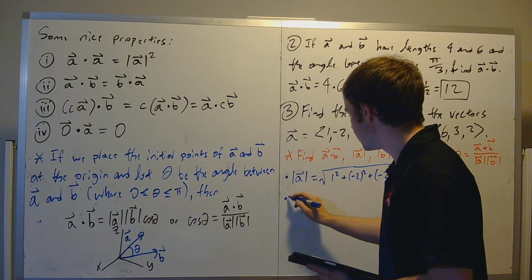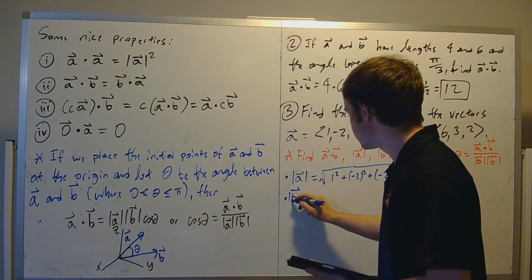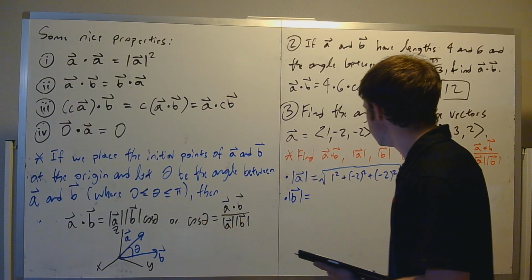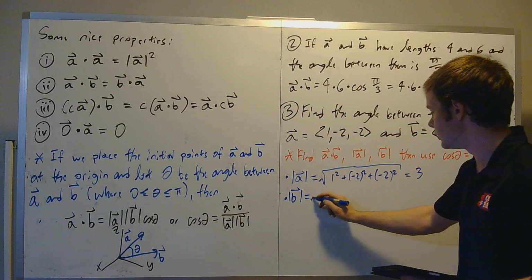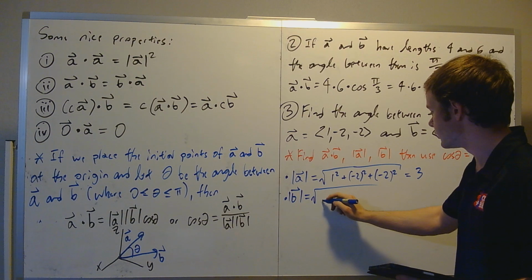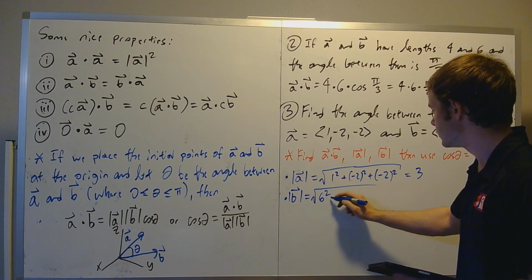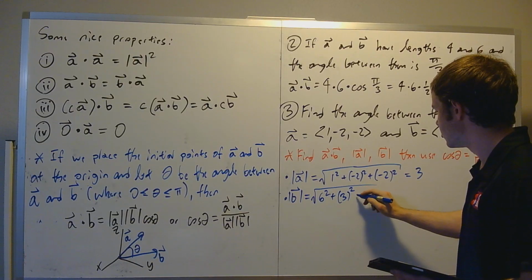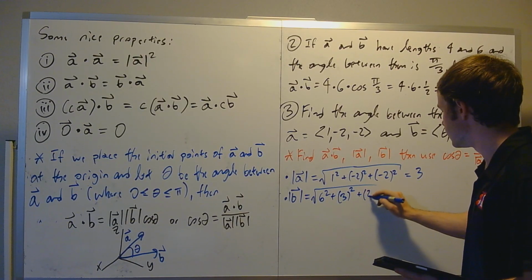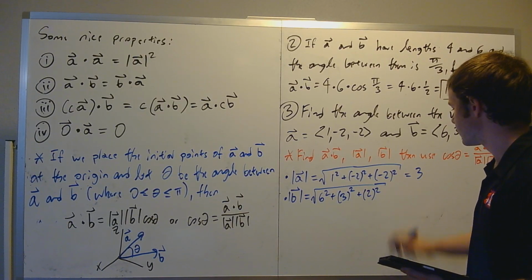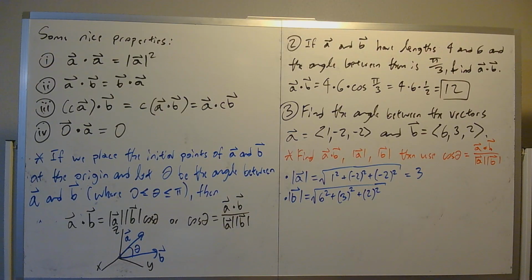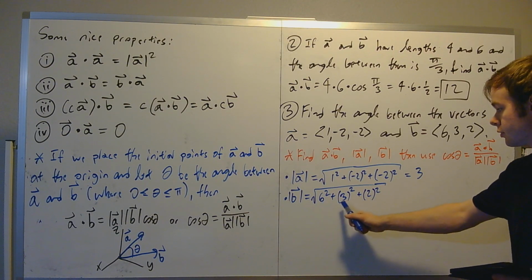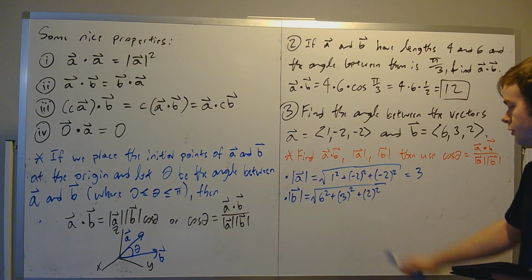Then our length of B is going to be equal to, so we just do the same thing for B. Right, so the x component was 6. We square it, plus we square the y component, plus we square the z component. Right, so that's what we get here. So 6 squared, that's 36, plus 9, plus 4.